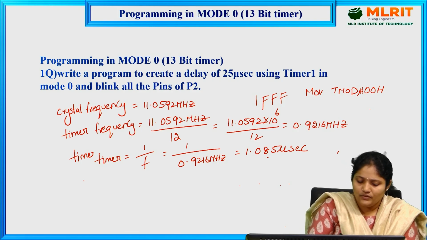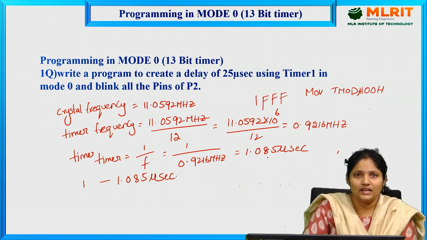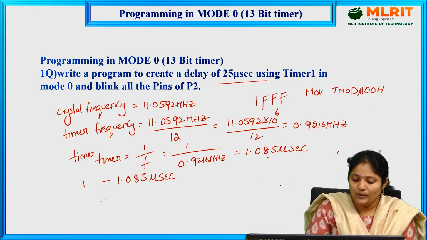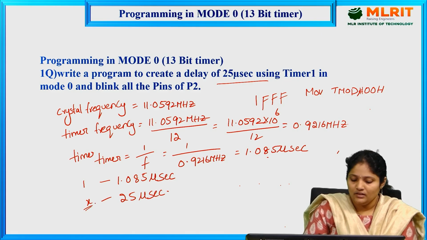So for one cycle we have 1.085 microseconds. But how many cycles are required? We need to produce 25 microseconds, so we need to find the value of X. How can you find it?